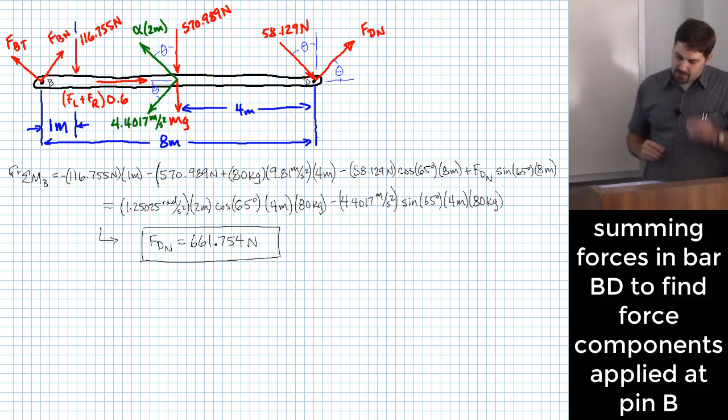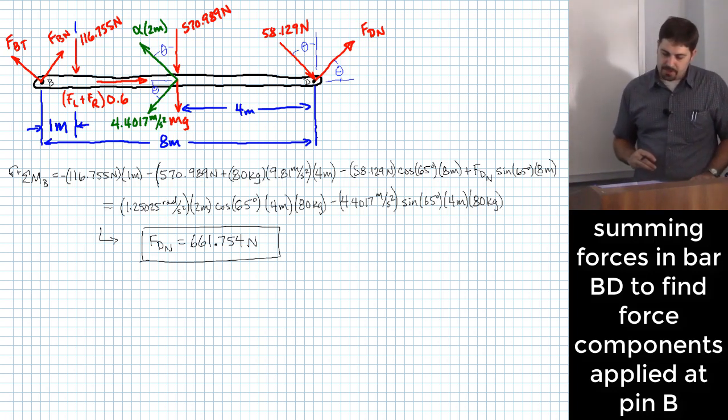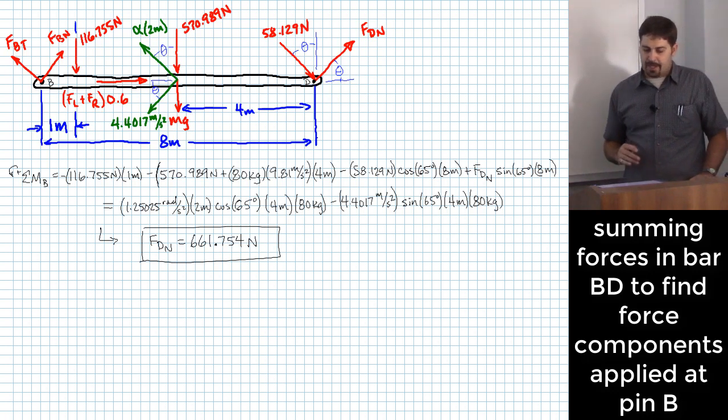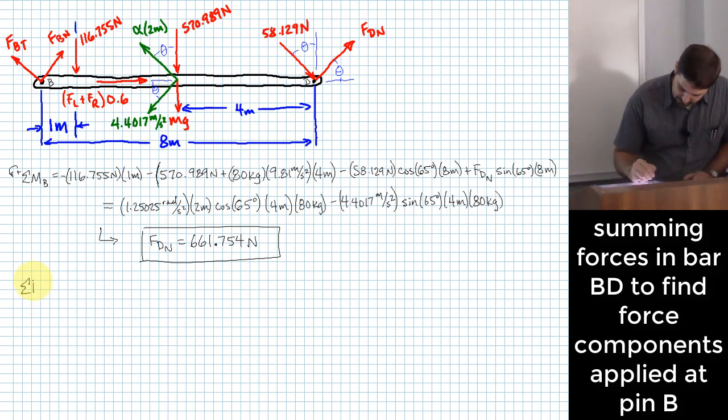Okay. What I think is probably easiest for us to do here is to write these equations relative to tangential and normal directions. Okay. So we can write a sum of forces in a tangential direction there. For that I have FBT.